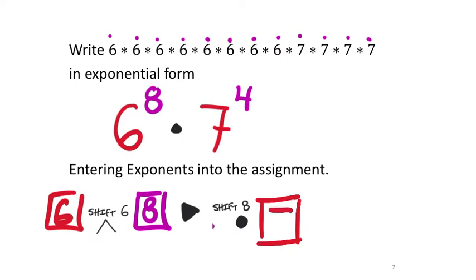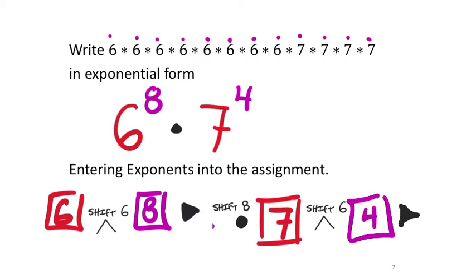So I'm going to type in my base 7. And then once again, I need my exponent mode here. So Shift 6. And then I need my exponent, 4. And from here, again, you can get out of that exponent mode again if you'd like and push to the right, or you can just push Enter.